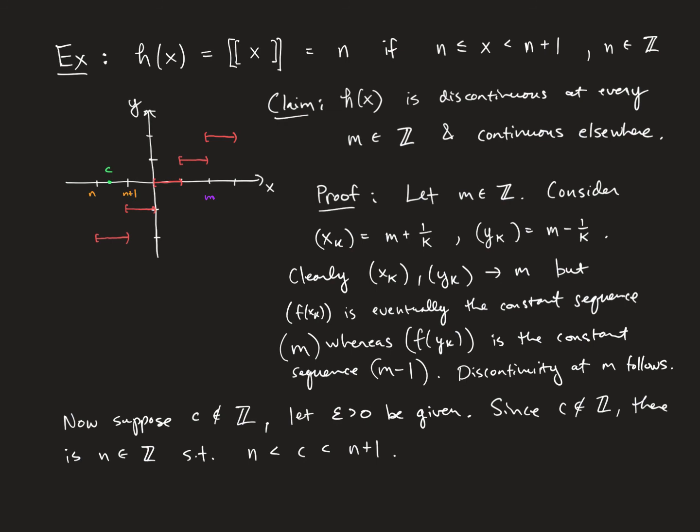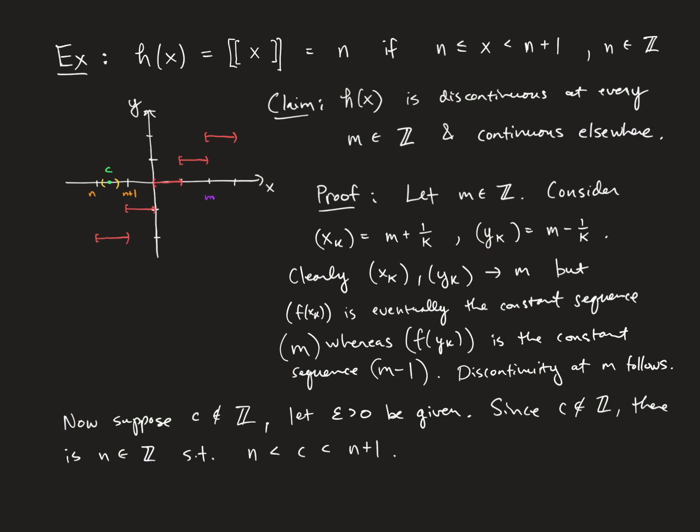And then what we want to do is just restrict delta to be like that. So the biggest we can make delta is so that these endpoints here extend out to whichever one of n and n plus 1 is closer to C. We can let our endpoints extend out that far, but no further.